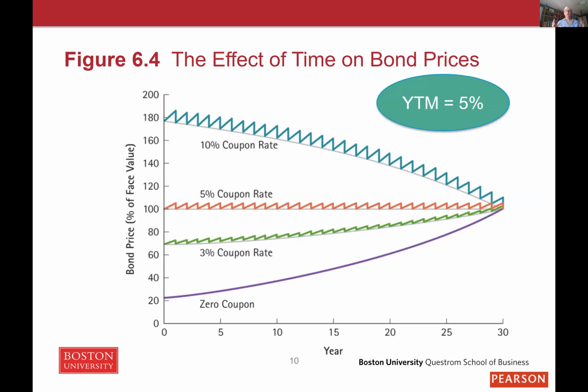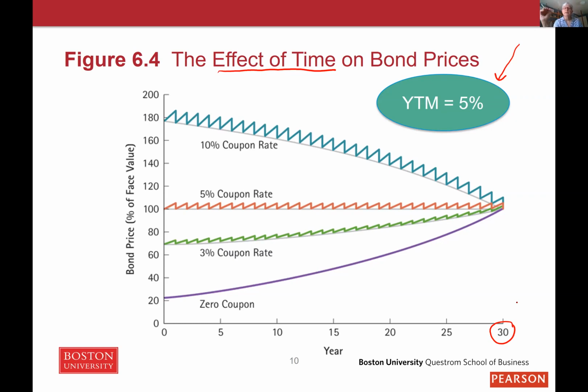So the second thing that we're going to look at is the effect of time. Just to be clear what we're talking about here, even if the yield to maturity stays exactly the same. Let's imagine that we had a 30-year bond and somehow the world got completely frozen for those 30 years and the competitive market yield to maturity stayed at exactly 5%.